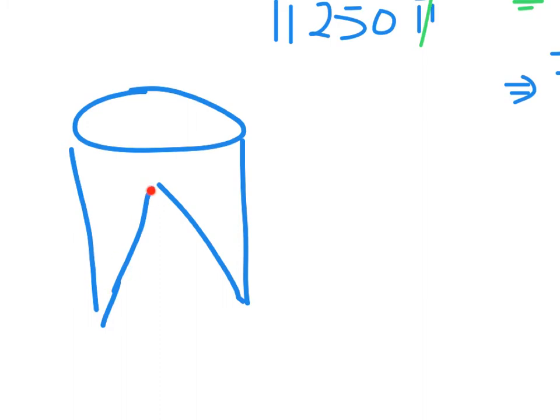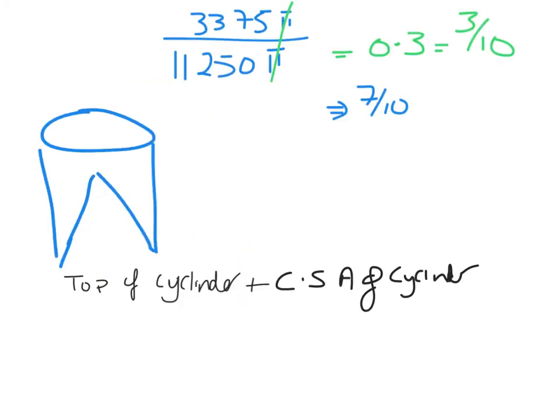Or sorry, we're adding in the curved surface area of the cone. So how do I find the surface area that remains? It's the top of the cylinder plus the curved surface area of the cylinder plus the curved surface area of a cone.